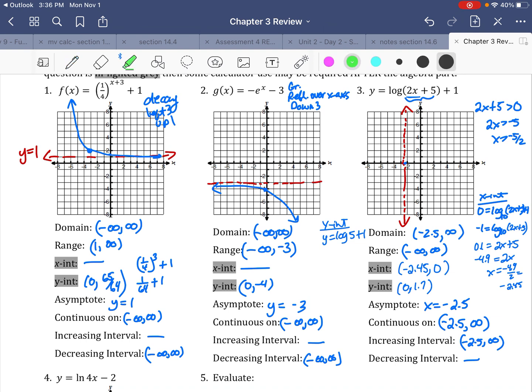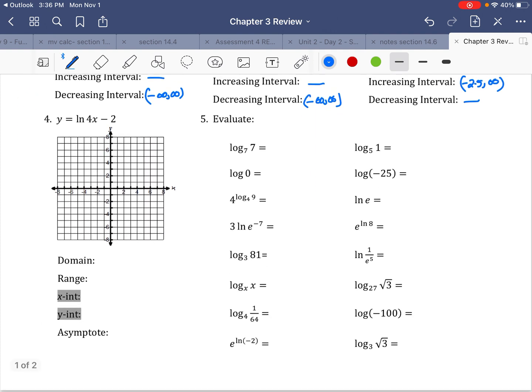But this expression right here would be the equivalent of your y-intercept, log base 10 of 5 plus 1. All right, so let's see, that was 1.7. All right, so we go ahead and draw it.